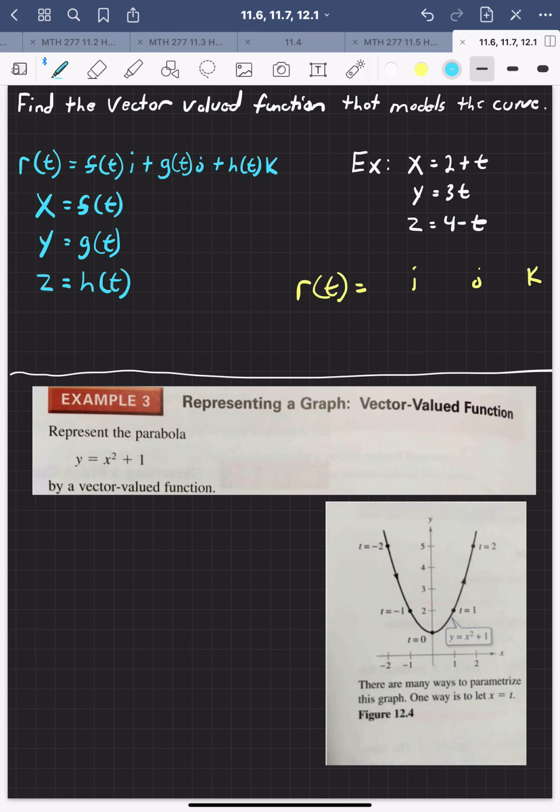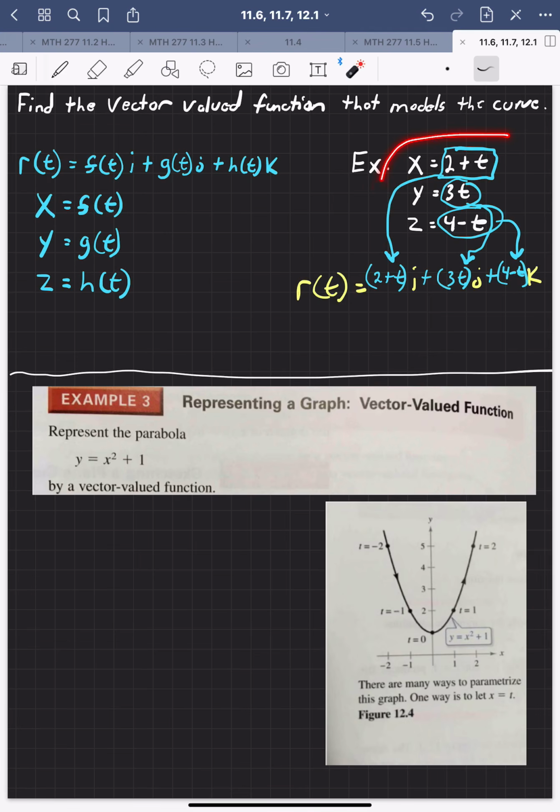The answer is quite simply, we just get to plug in. So 2 plus t, and then we will plug in for the y, and finally we'll plug in for the k.